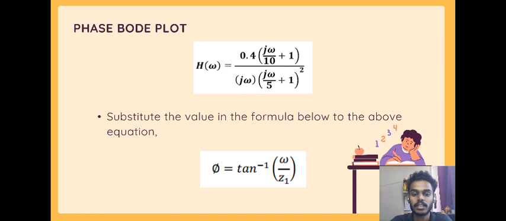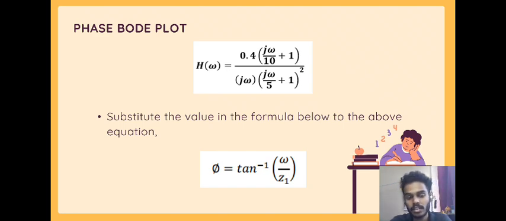And the phase we have to calculate by using the formula theta equals inverse tangent of omega over z1. This shows we will be analyzing the phase by examining each component's contribution through the inverse tangent function.